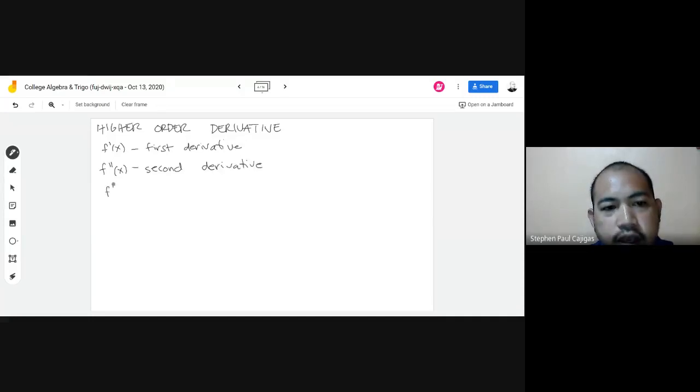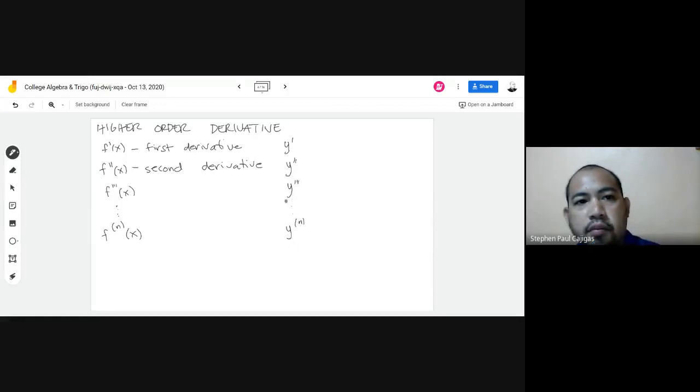And then we can have f triple prime and so on, up to the nth derivative of the function. Similarly, we use y prime: first derivative y prime, then y double prime, y triple prime, and so on up to the nth derivative.